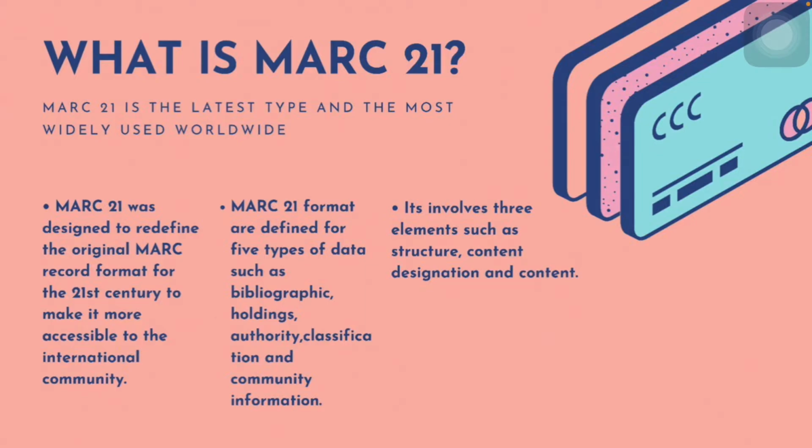A MARC 21 format is a set of codes and content designators defined for encoding machine-readable records. Formats are defined for five types of data: bibliographic, holdings, authority, classification, and community information. The format for bibliographic data contains format specifications for encoding data elements needed to describe, retrieve, and control various forms of bibliographic materials.